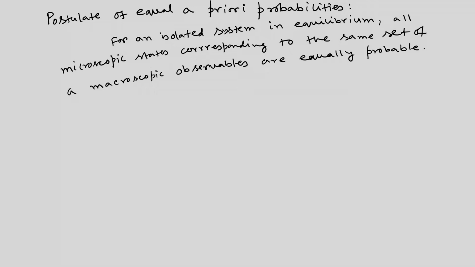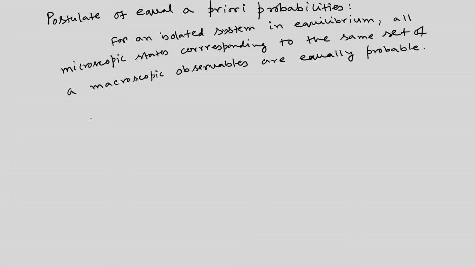Now, so we discussed the postulate of equal a priori probabilities, which says for an isolated system in equilibrium, all microscopic states corresponding to the same set of macroscopic observables are equally probable.